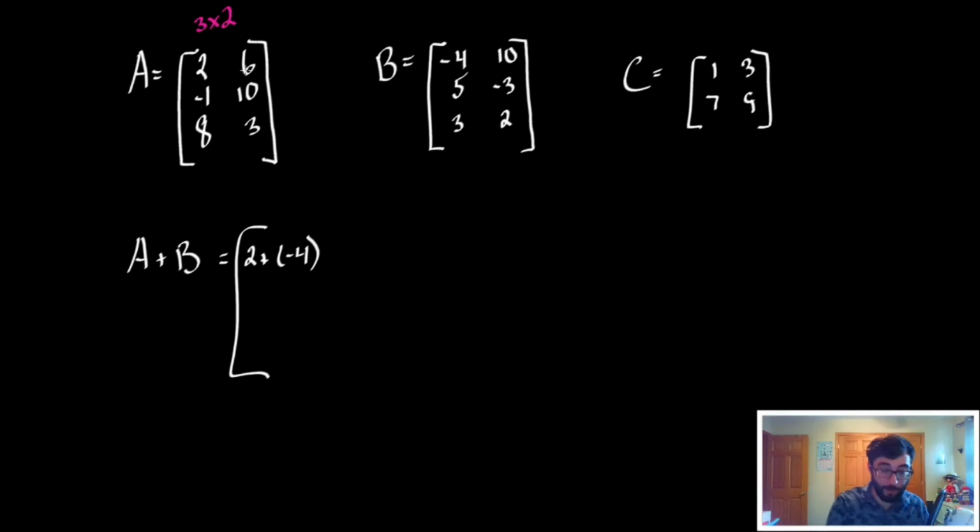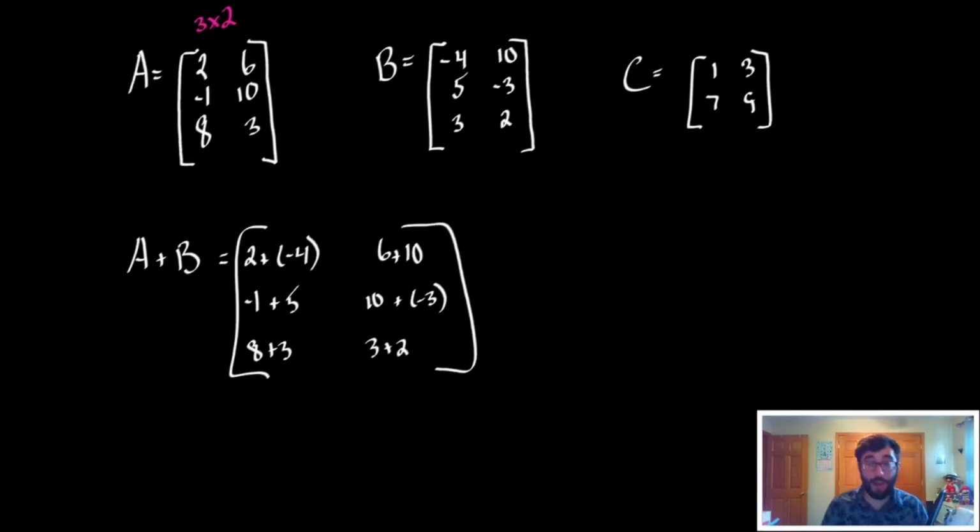Then I would do 6 plus 10 because each of those entries are in row 1, column 2, and so on and so on. So then I do -1 plus 5, 10 plus -3, 8 plus 3, and 3 plus 2. It would just be that simple.